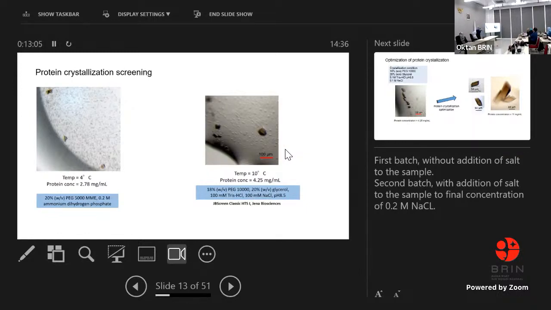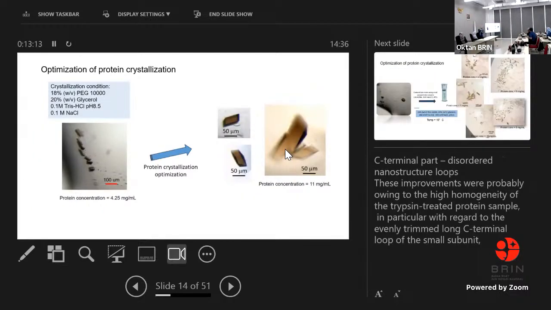You can see the crystal is not really good in shape and quite small. So the next one. Once we get the hit, we try to optimize the protein crystals. In this case, the crystallization condition is the formulation that we successfully got from the screening.